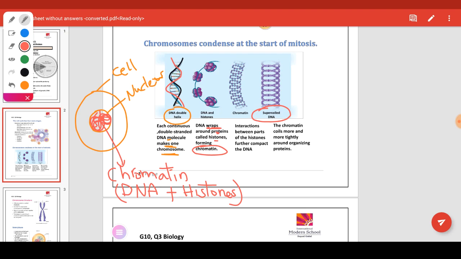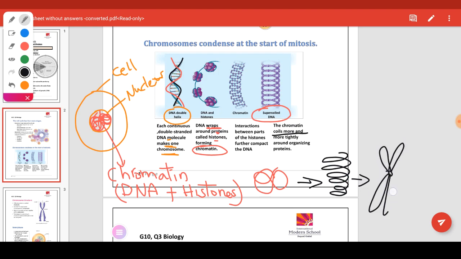So this spaghetti-like shape will be converted to spiral coiled DNA. The spiral coiled DNA will coil more and more until it makes a chromosome shape.